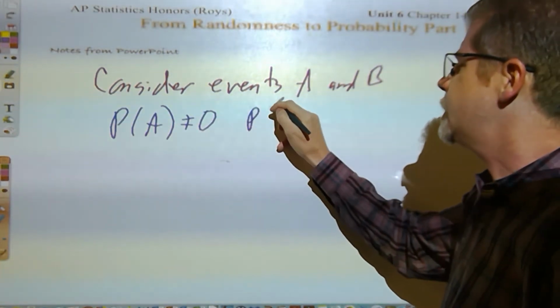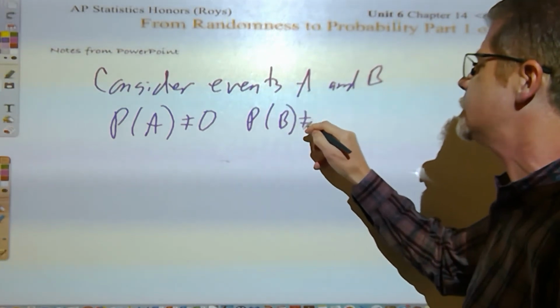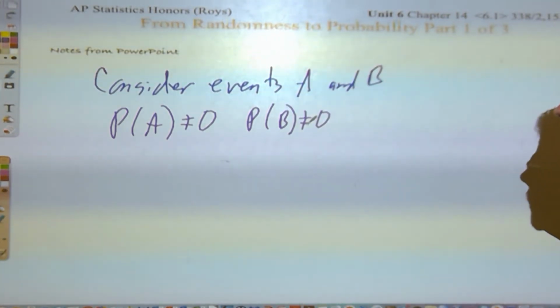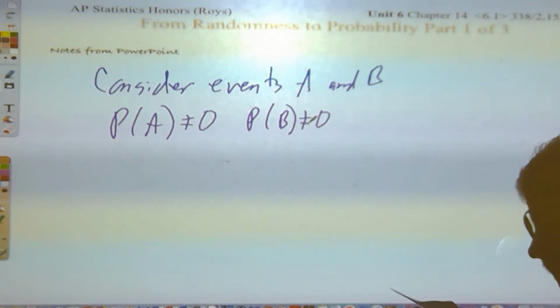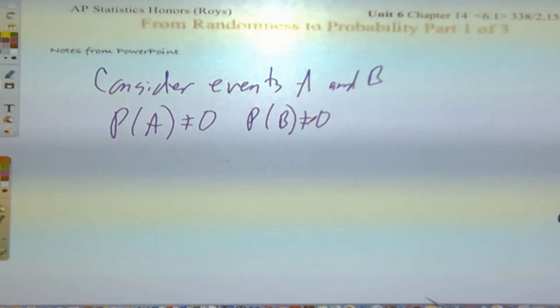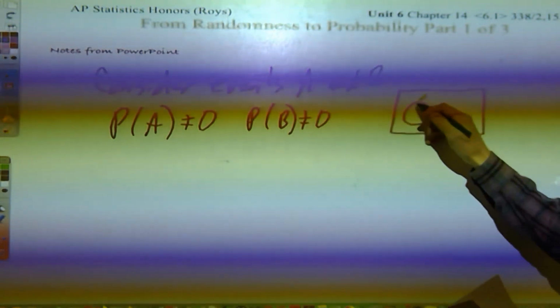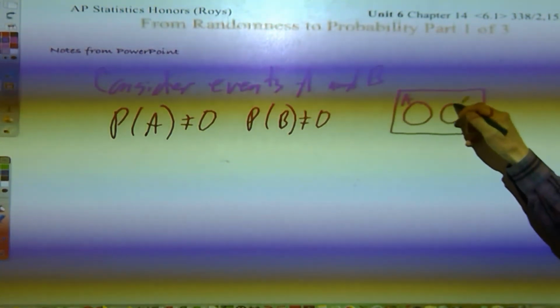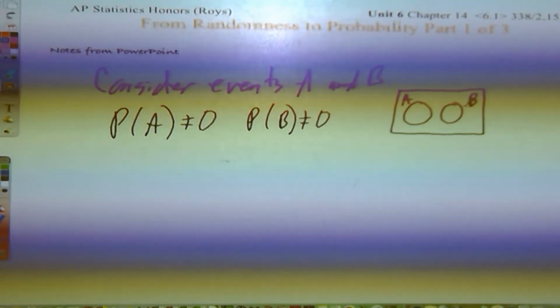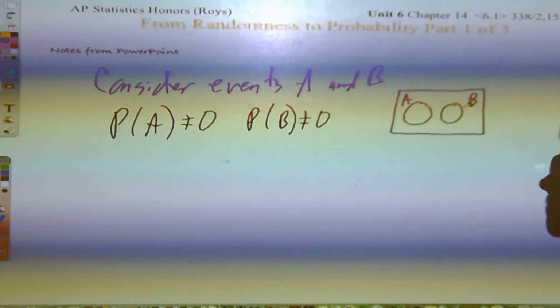And the probability of event B occurring is also not equal to 0. Also, I'd like you to consider that events A and B are disjoint.